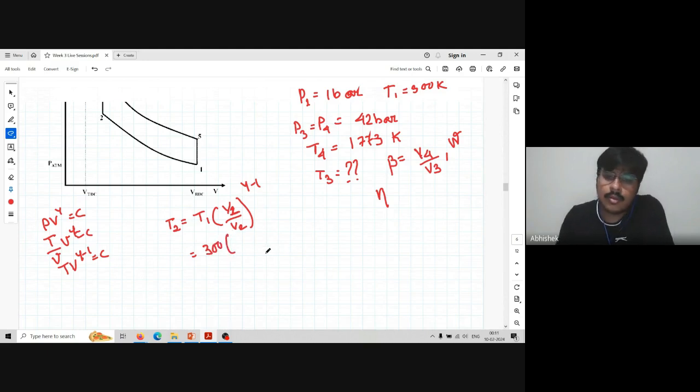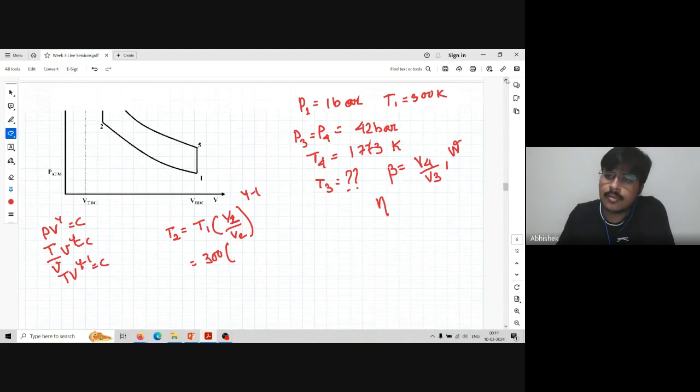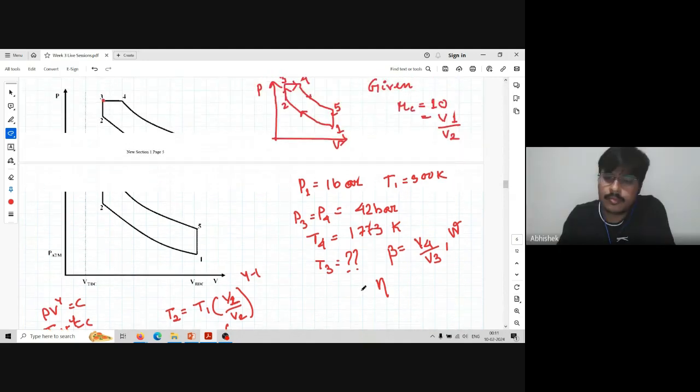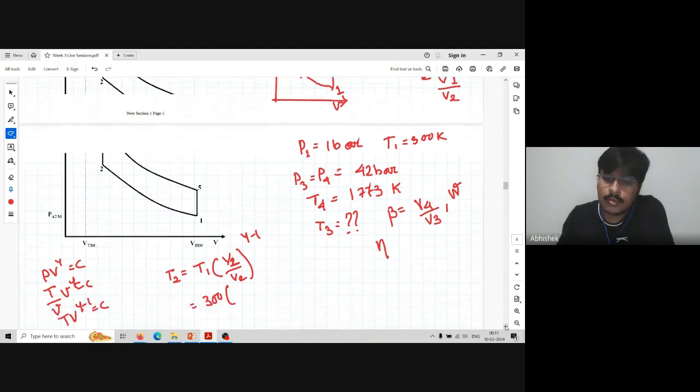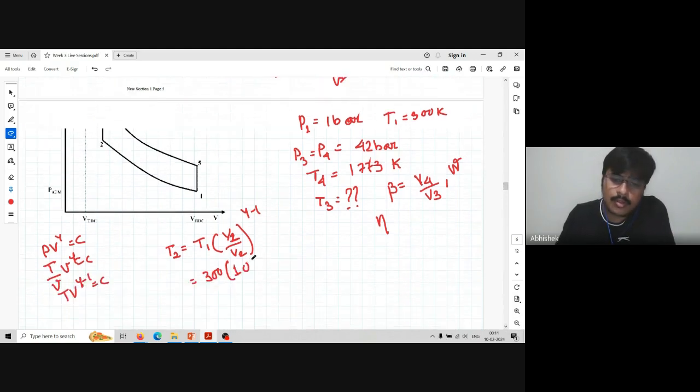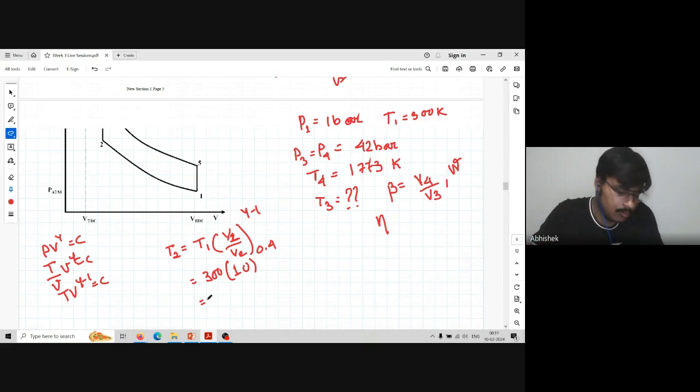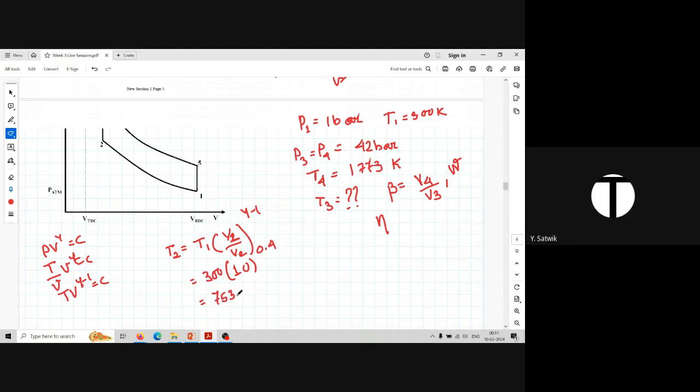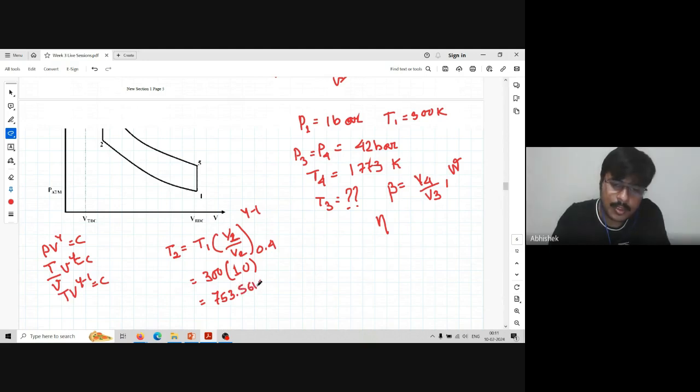V1 by V2 is the compression ratio, which is 10. So 10 to the power 0.4. You solve and tell me T2. Are you solving? Tell me. 753.56. Yeah, 753.56 Kelvin is T2.